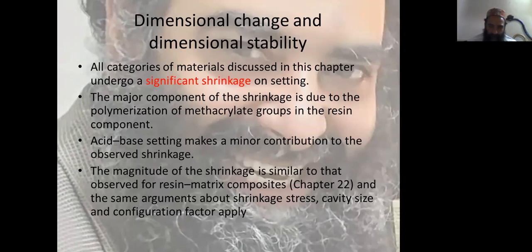The magnitude of the shrinkage is similar to that observed for resin matrix composite, and the same arguments about shrinkage stress, cavity size, and configuration factor apply to this also.